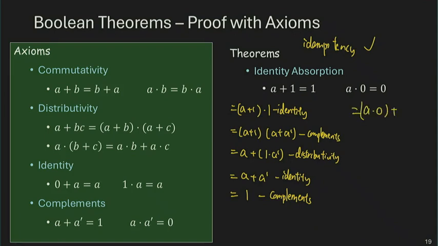Well, I'll follow the same methodology by first expanding it with a constant, and then replacing the constant with product based on complements, and then apply distributivity, and then apply identity, and apply complement. I don't even have to rewrite the axioms I use because they are exactly the same. But instead of using, let's say, this one, now I'm using this one.